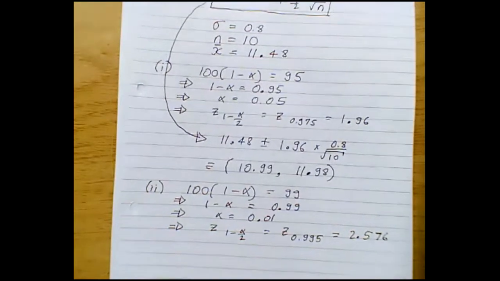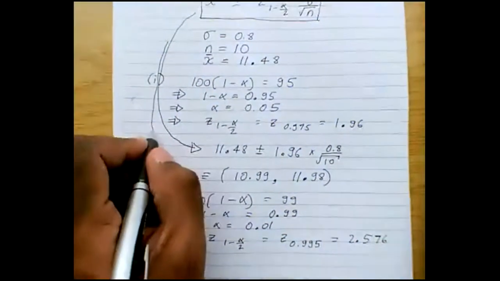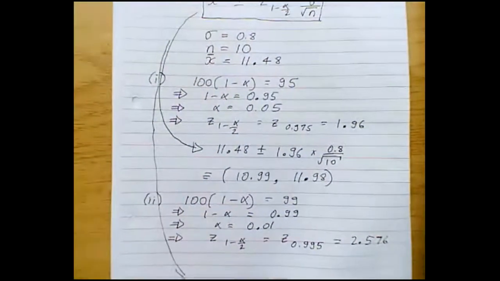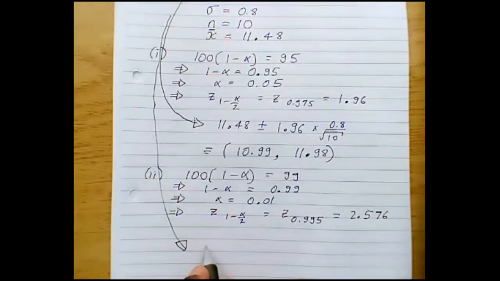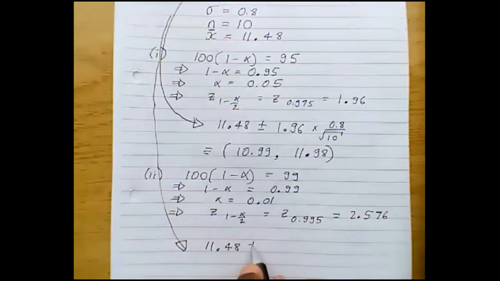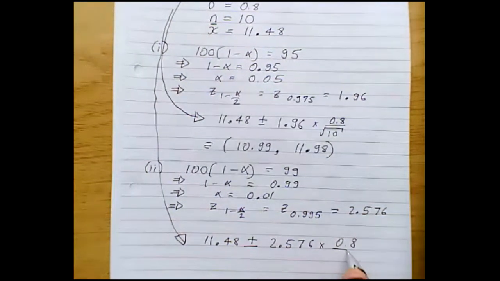If you read this off the table, you will get this. Now once again, using the formula that I mentioned earlier, you will get x bar, which is 11.48, plus or minus 2.576 multiplied by sigma 0.8 divided by the square root of n.